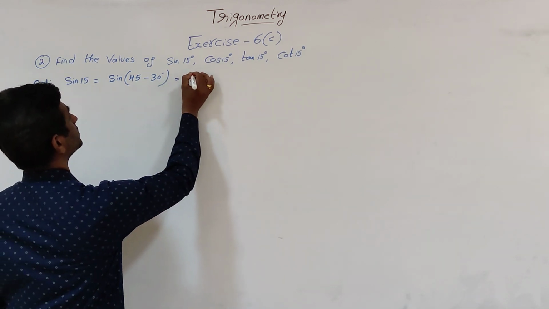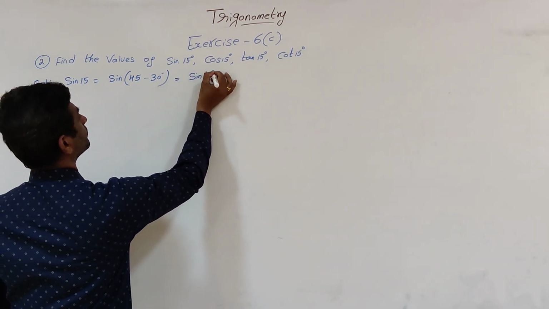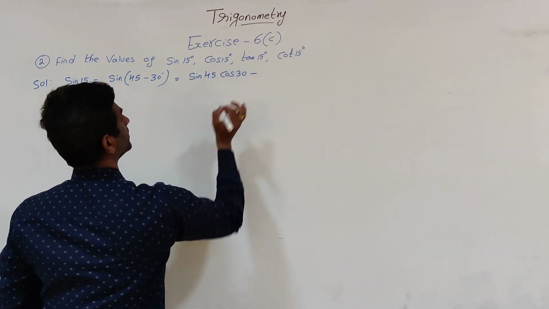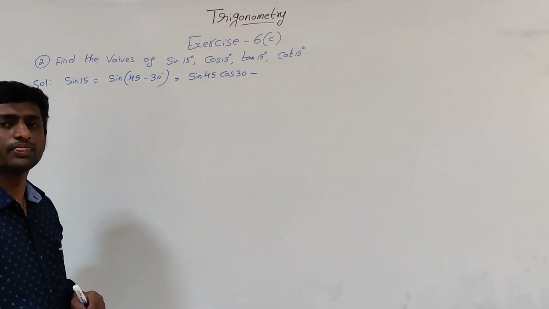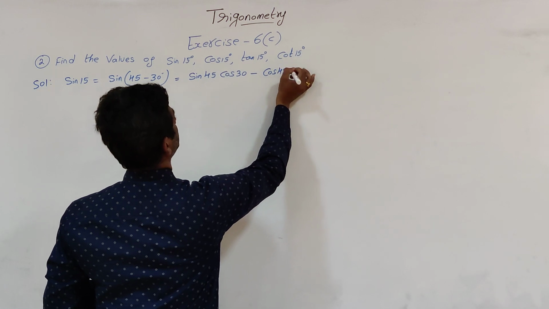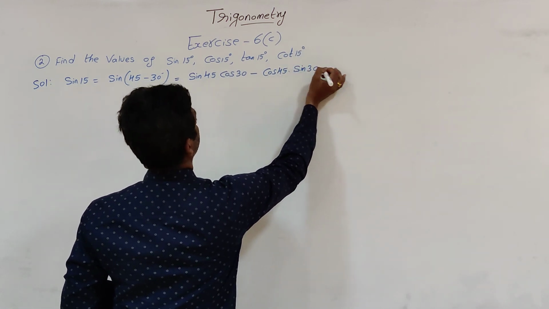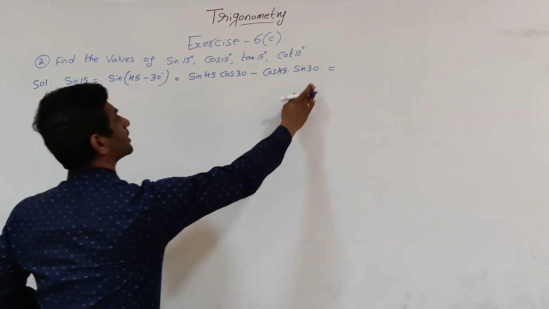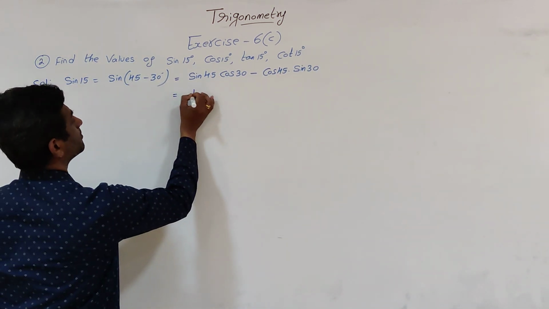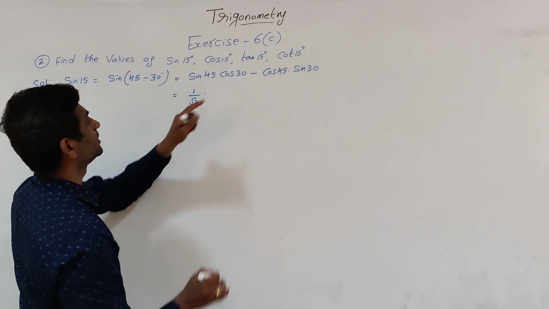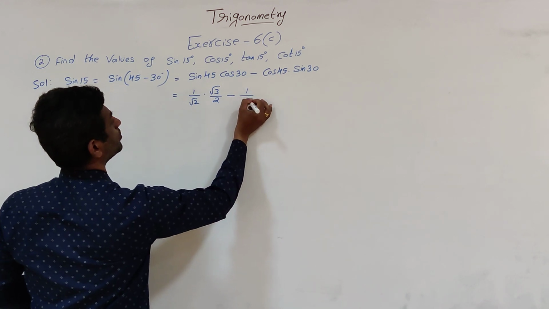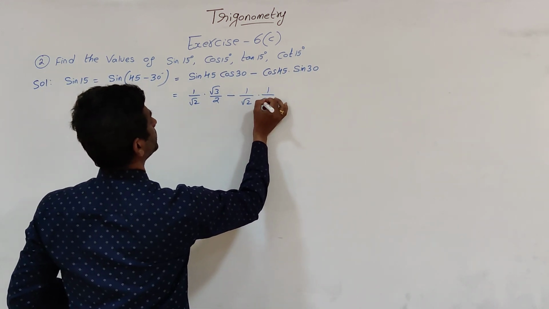Now we will see. Sine a, sine 45, cos b, cos 30, minus cos a sine b, cos 45 into sine 30. What is the value of sine 45? 1 by root 2 into cos 30 root 3 by 2 minus 1 by root 2 into sine 30, 1 by 2.